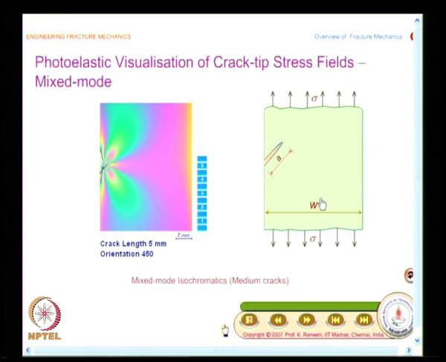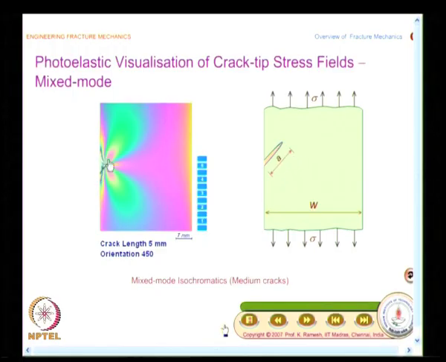In all our fracture mechanics approach, the ratio of A by W will become very, very important. That is one of the very important parameters when we want to develop the fracture theory, and so forth, because short cracks will behave in a particular manner, longer cracks will behave in a different fashion. So, the A by W ratio is very important.